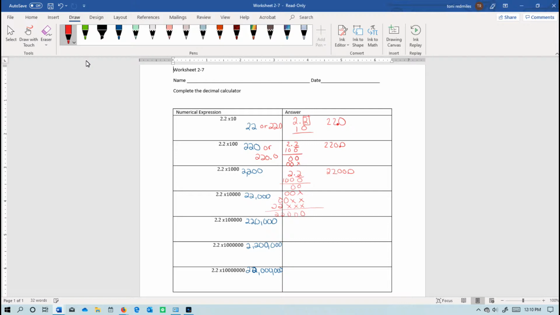So it's 2,200 or 2,200.0. If you're starting to develop a pattern, then pretty cool for you.